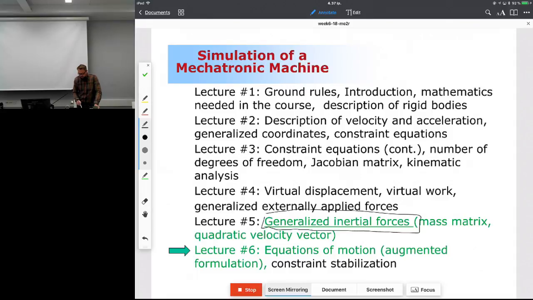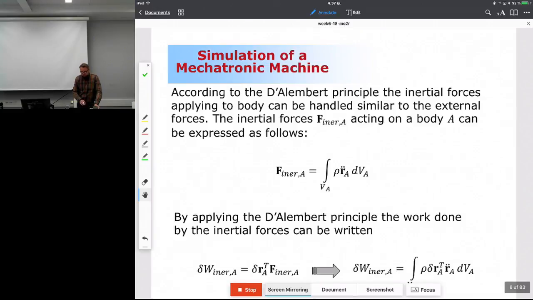Generalized inertial forces, and now you know how the concept works. We first look at the inertial forces. Remember, the inertial force is mass multiplied by acceleration. That's what inertia is.